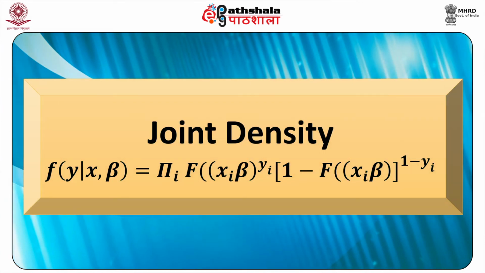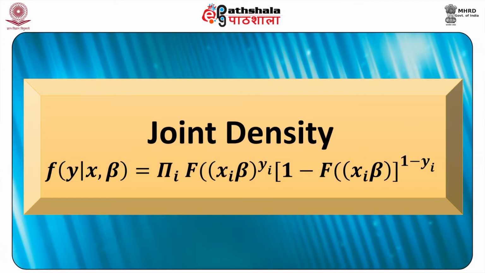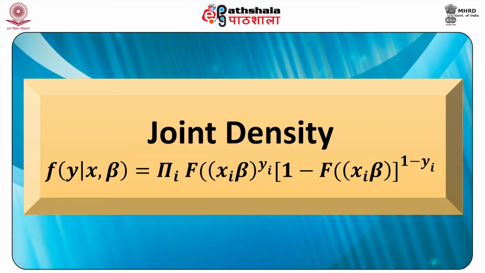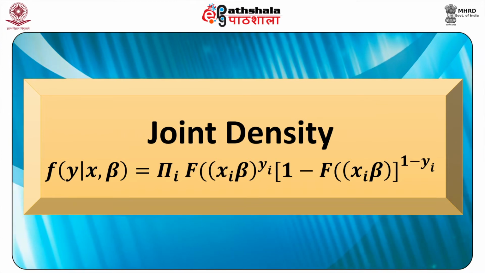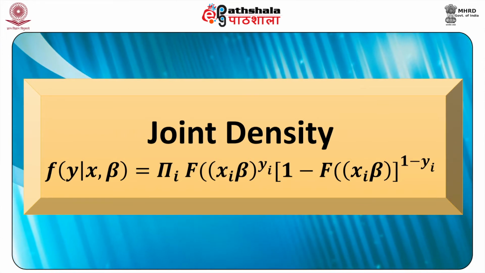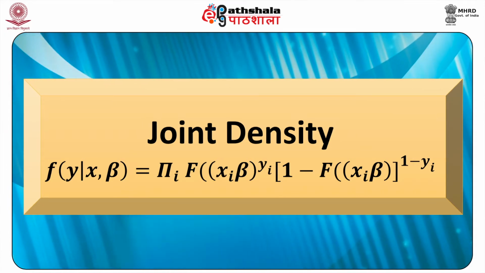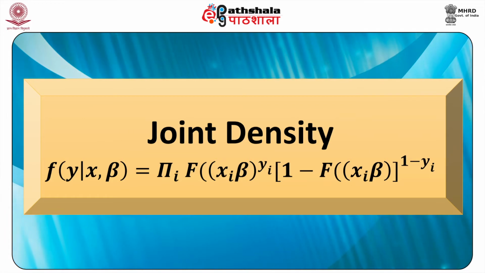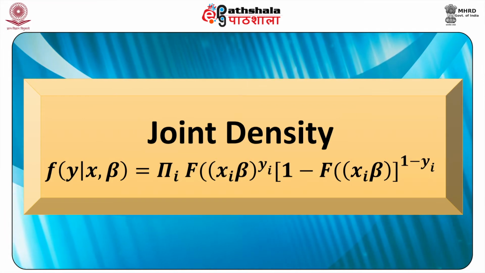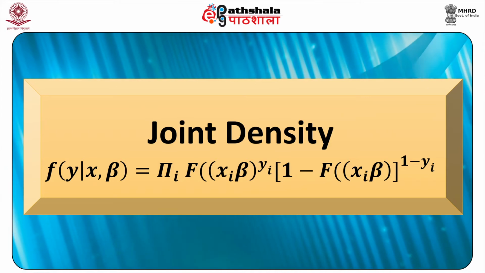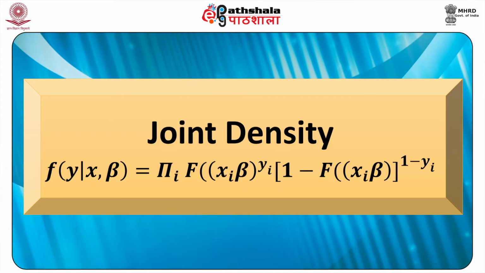Joint density can be written as f(y given x and beta) and is equal to the product, Π over i, of F(x_i beta) raised to the power y_i, into (1 minus F(x_i beta)) raised to the power (1 minus y_i).